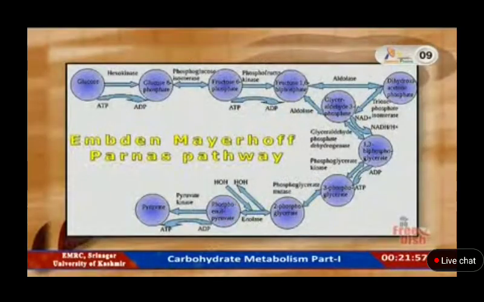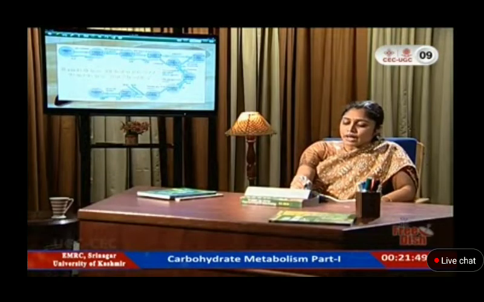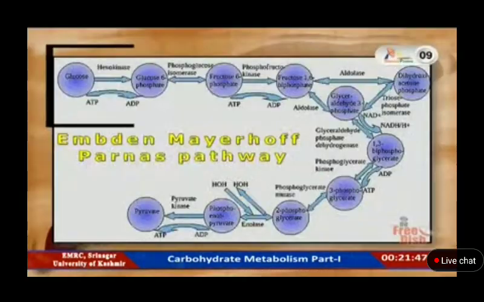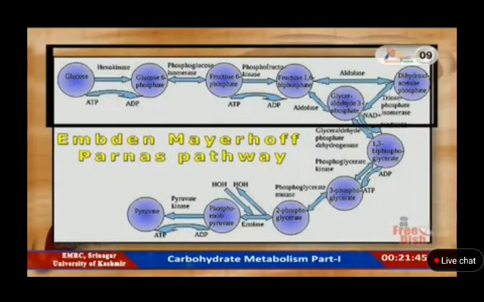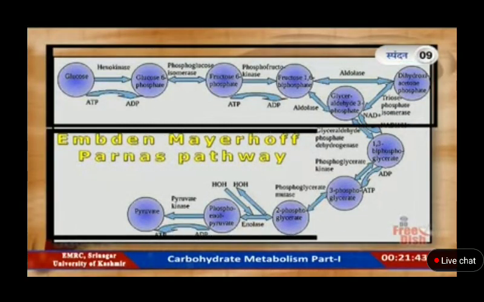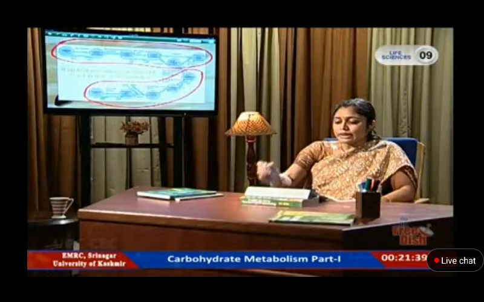Then that glucose will be converted to two 3-carbon molecules, pyruvate. Now the EMP pathway has 10 enzyme catalyzed steps. The first 5 steps are called the preparatory phase of glycolysis and the last 5 steps are called the payoff phase of glycolysis. I will go into the detail of the EMP pathway.